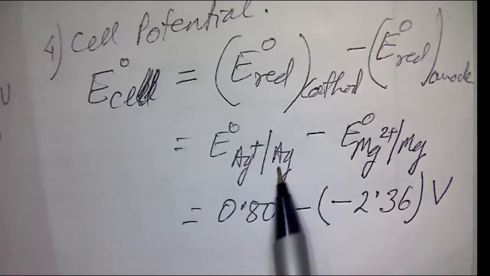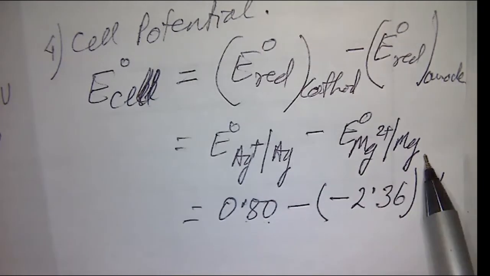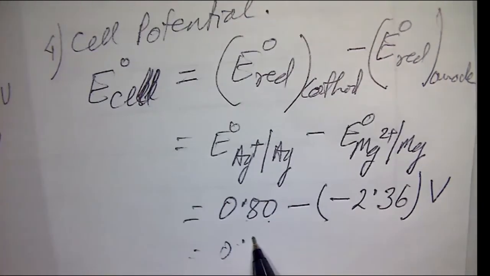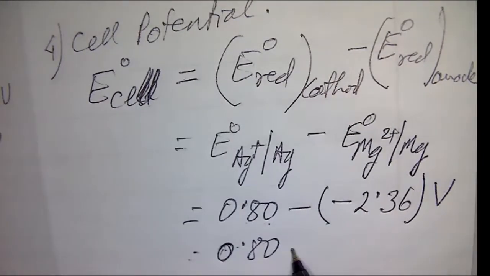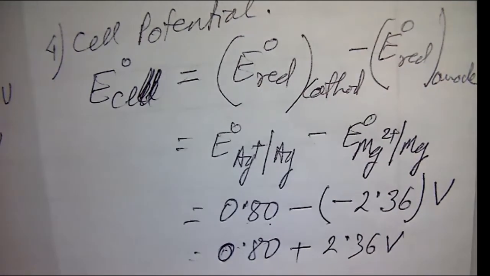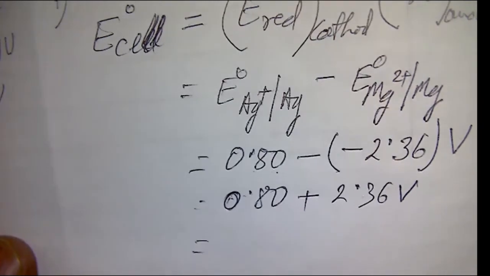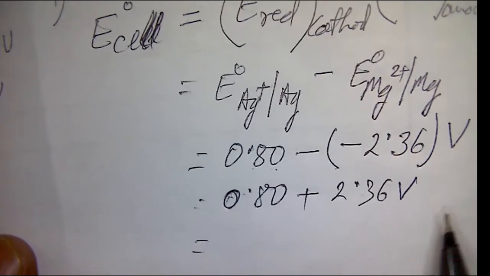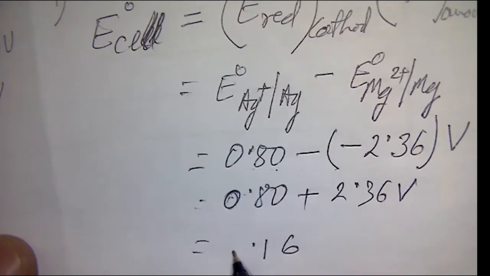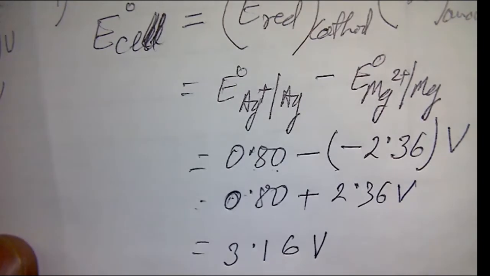E naught of silver was 0.80 and E naught of magnesium was given this much. So if I take this, 0.80 plus 2.36 volt, isn't it? So this together, how much will it be? When you add it, it will be 3.16 volt, isn't it?